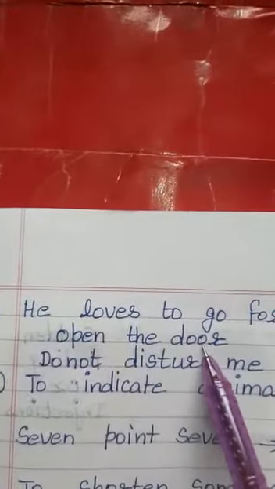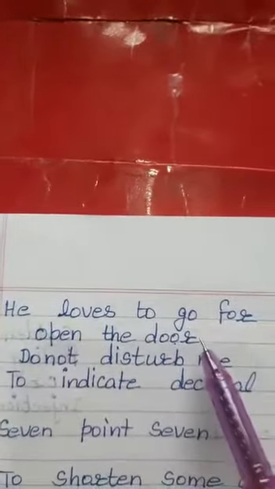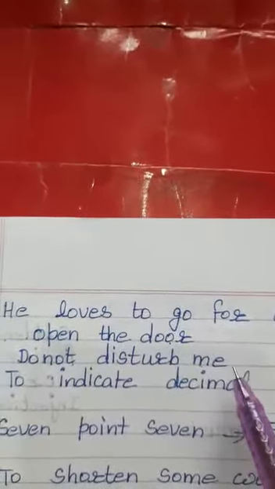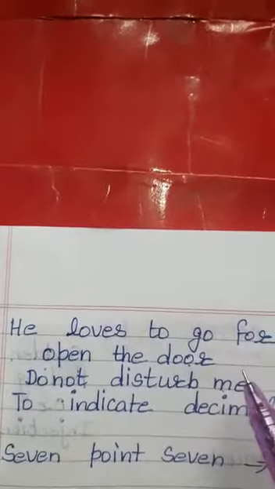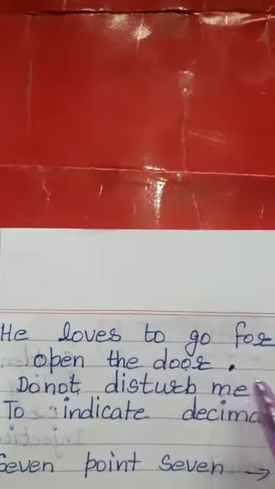Our next example is open the door. And the next one is do not disturb me. We see that both these sentences are imperative sentences, but as I have told you, no matter the kind of sentence, all the sentences will end with the help of a full stop.